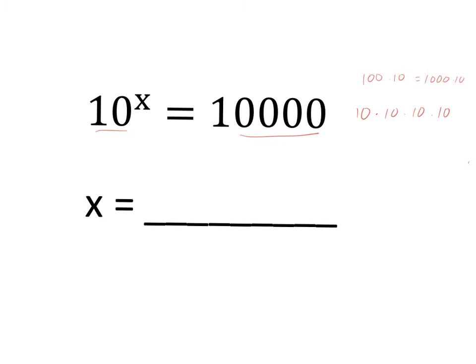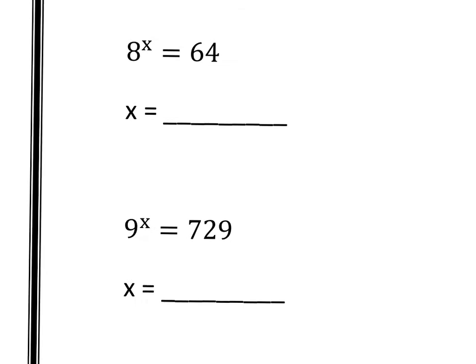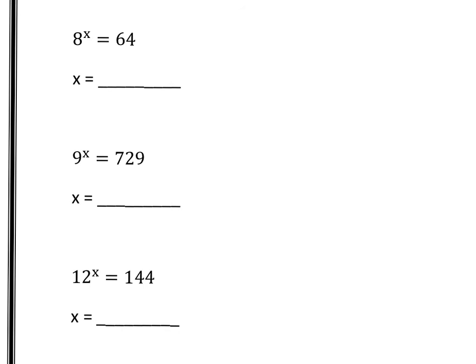So if I go 10 times 10 times 10 times 10, that's 10 to the fourth what? Power is equal to 1,000. So x is equal to 4. Okay? So, everyone do the other two by yourself, and then I'm going to call on somebody to give me those answers.